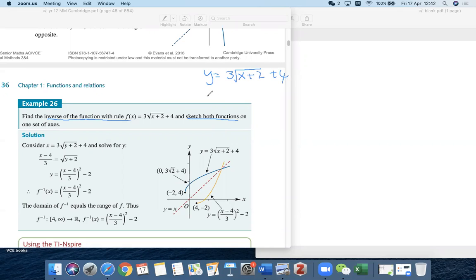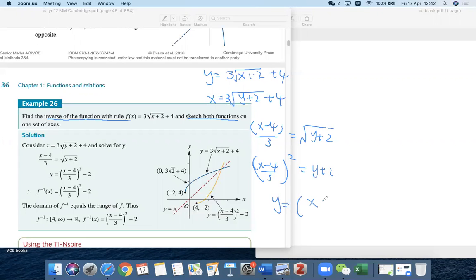Switch x and y: x equals 3 times the square root of (y plus 2), plus 4. So it becomes (x minus 4) divided by 3 equals the square root of (y plus 2), and ((x minus 4) over 3) squared equals y plus 2. So y equals ((x minus 4) over 3) squared, minus 2. This is the case.